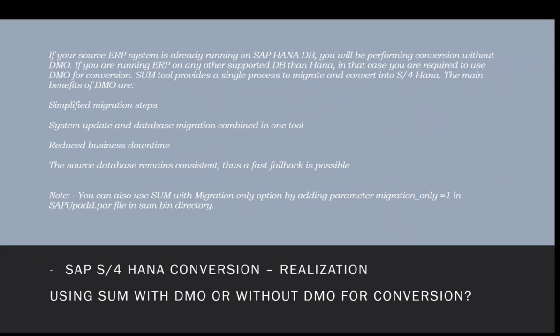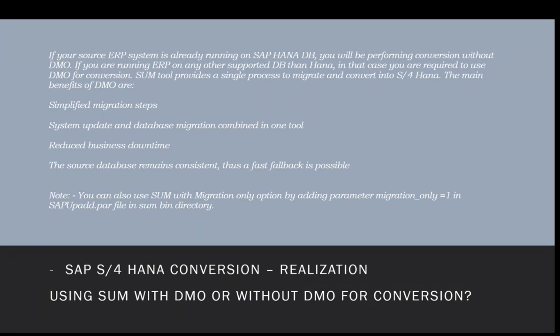That means his business is going down. If your server is down, your business is down for the customer. So that is called downtime. Downtime can further be divided into two parts: one is technical downtime, another one is business downtime.